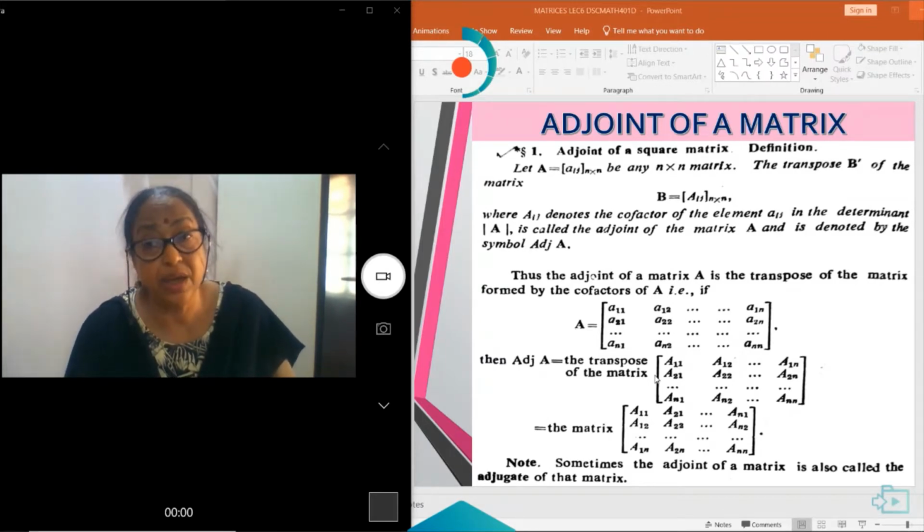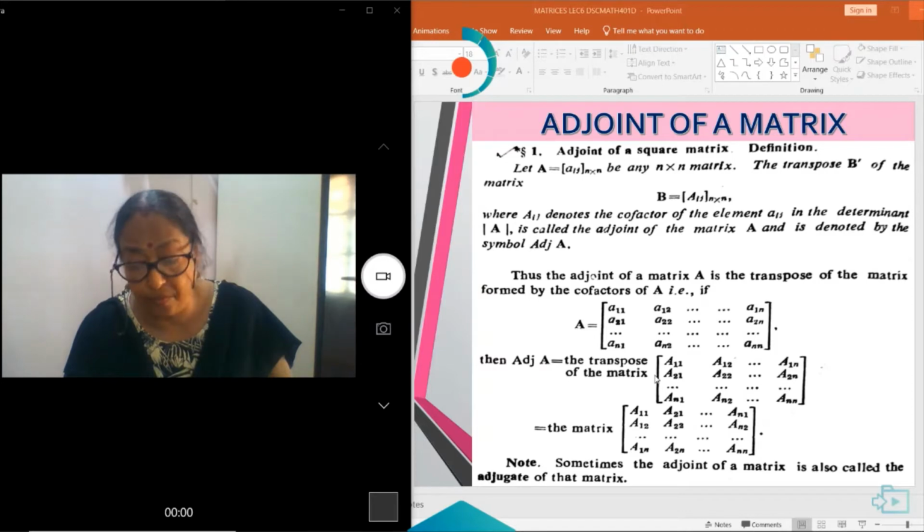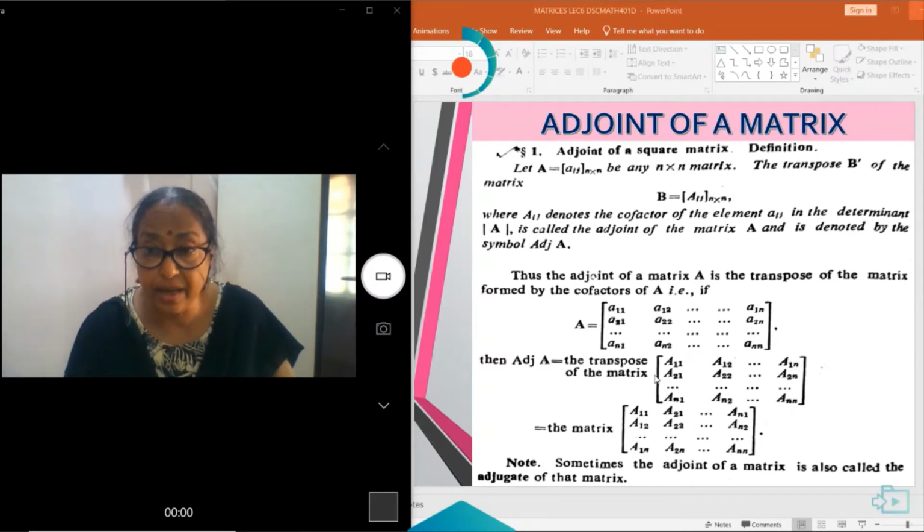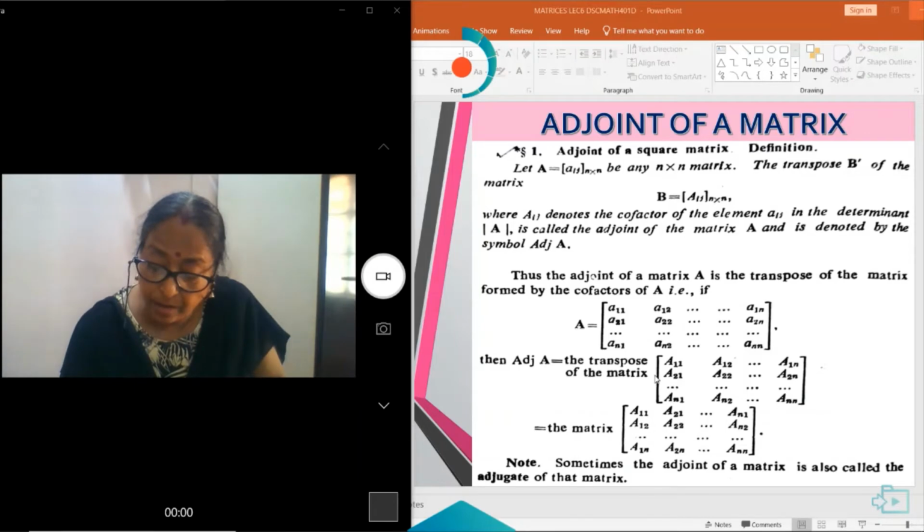So you have to find the cofactor of small a11, and that is capital A11, and then the cofactor of small a12 is equal to capital A12. Similarly, the cofactor of a21, a22, capital A22, and so on.